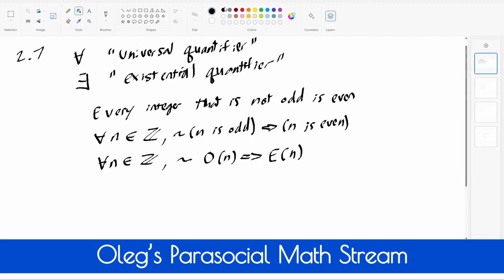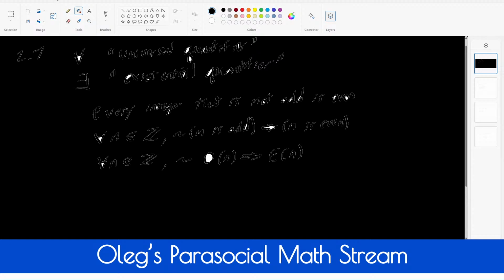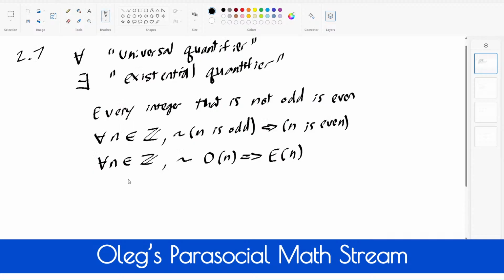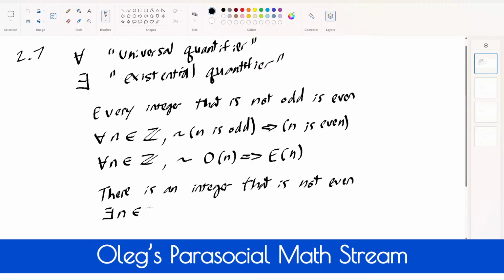All right, so let's see here. Let's do some more. Let's read this. There is an integer that is not even. Exists a number containing the integer set.